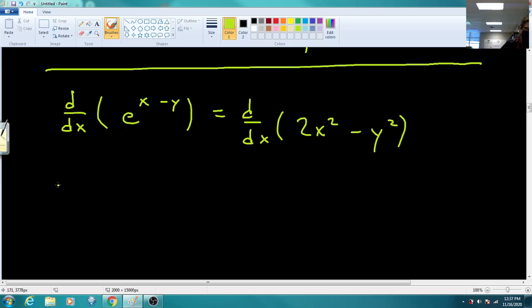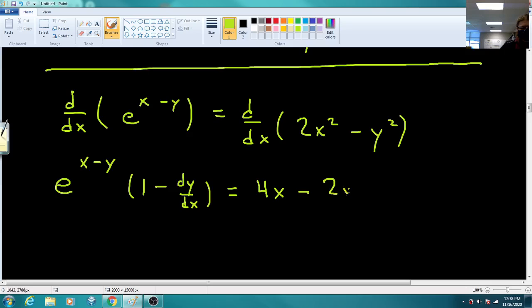E is the outer function, so the derivative of e is itself, leaving the inner part alone. Then we multiply by the derivative of the inner part: the derivative of x is 1, minus the derivative of y with respect to x, which is dy dx. This equals d dx of 2x squared, which is 4x, since the 2 comes down and hits the 2 that's already there. Minus d dx of y squared, where the chain rule applies, so we get 2y dy dx.